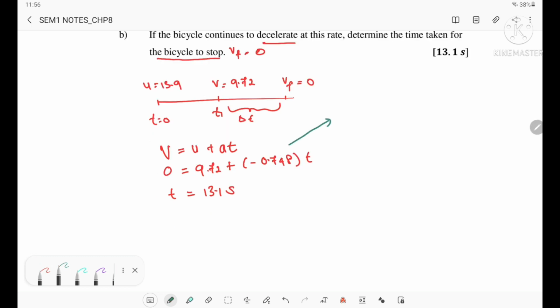The acceleration we can calculate from the linear motion, v squared equals u squared plus 2as, and we already converted the final velocity and initial velocity to the SI unit.